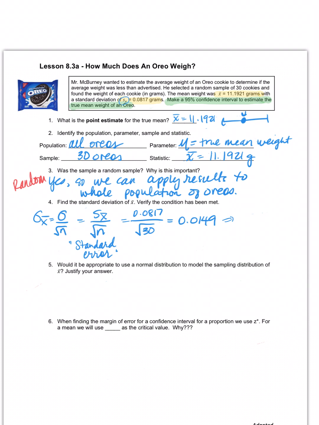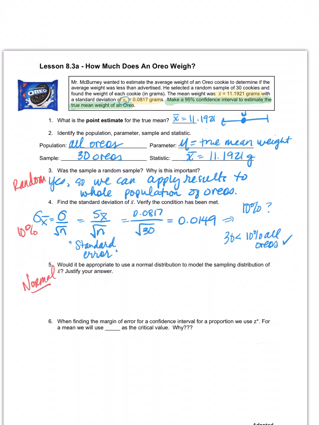Yeah, good. It's that 10% condition. So let's think about this. Is 30 less than 10% of all Oreos? I'm thinking so. I think that's a fair assumption, wouldn't you? Okay, easiest thing to figure out, right? So there's our 10% condition, and then here's the normal condition we've been doing.